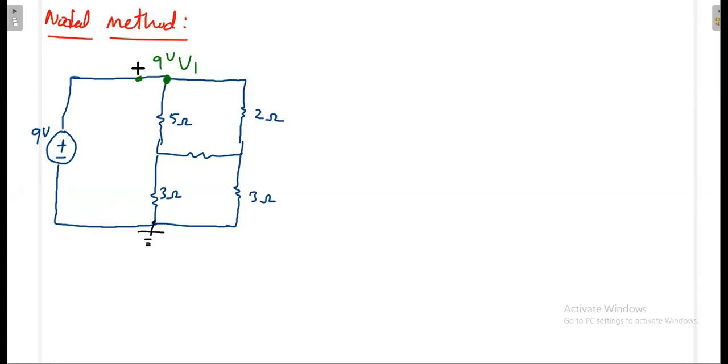With respect to what? Node voltage is always with respect to ground. You go by any way, finally you reach the ground node, and your voltage will be 9 volt.